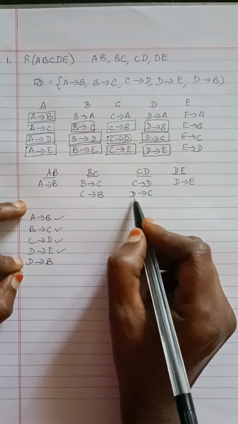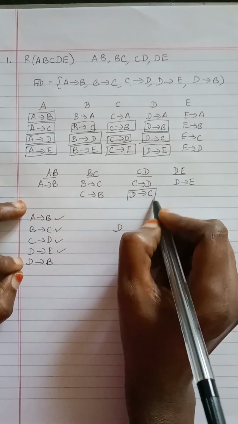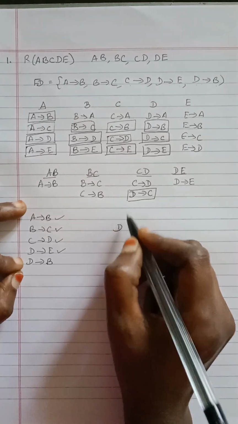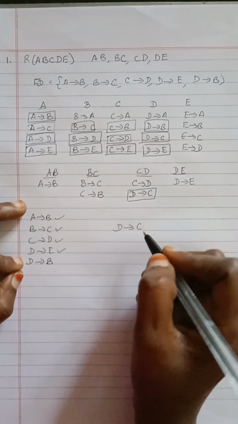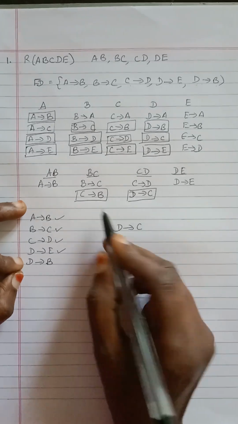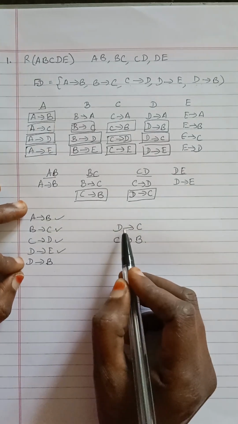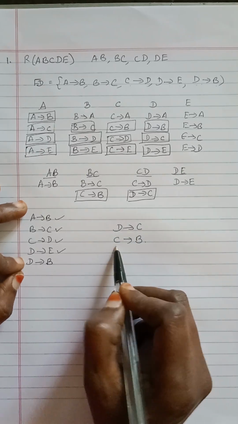In CD we have the dependency D tends to C, and from BC we have C tends to B.